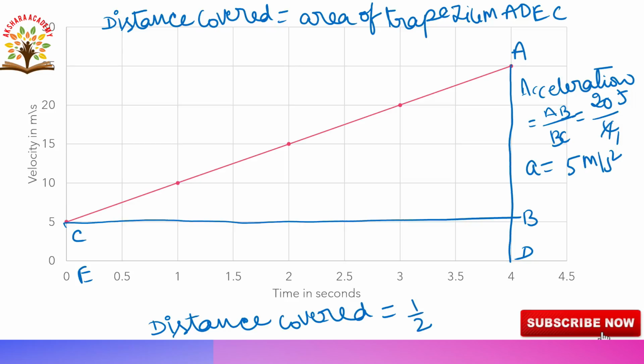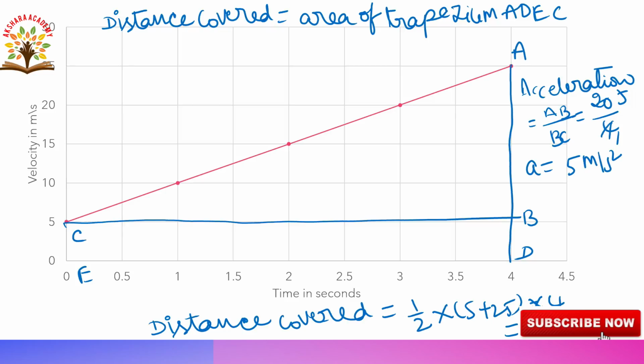Directly I am writing half into (5 plus 25). 5 plus 25, how much? 30. 30 by 2, how much? 15. And again 15 into height, how much? 4. So 15 into 4 is 60 meters. This is the height. So from this graph we calculated acceleration equal to 5 meters per second square, and distance covered equal to 60 meters.